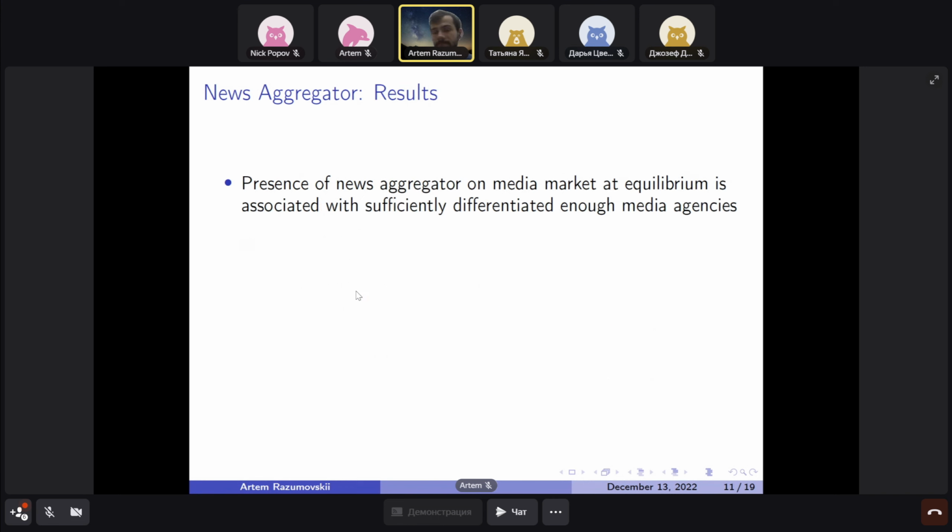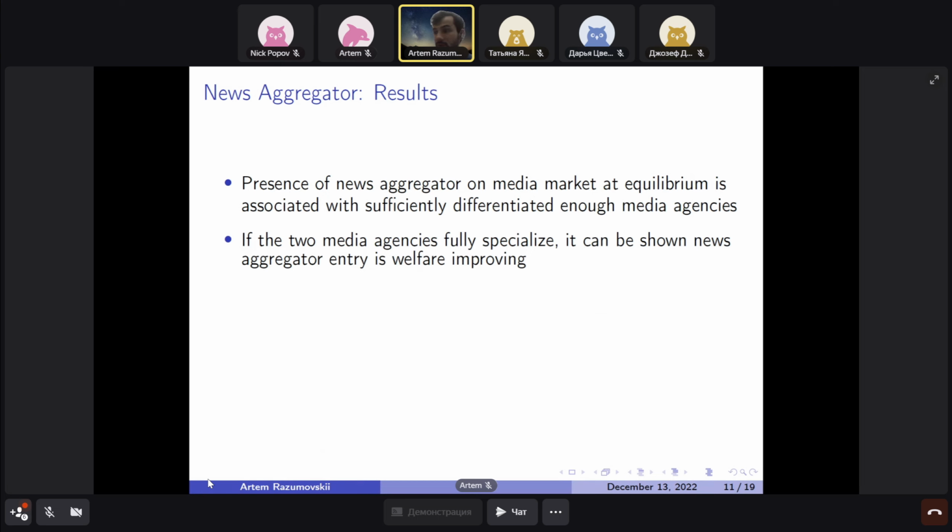So we can make some conclusions here. If the aggregator enters the market, this will be associated with enough differentiation between agencies, so that they are different enough from each other.